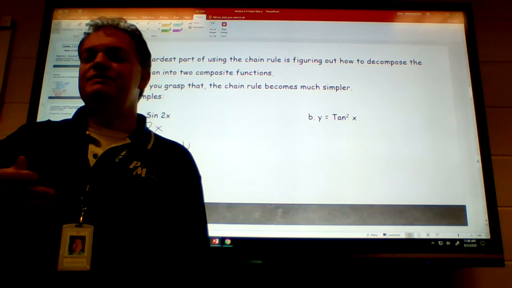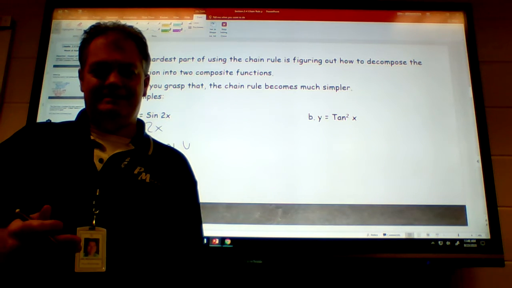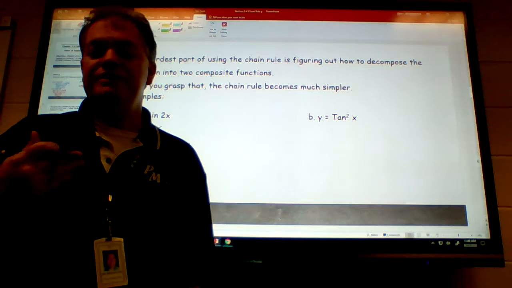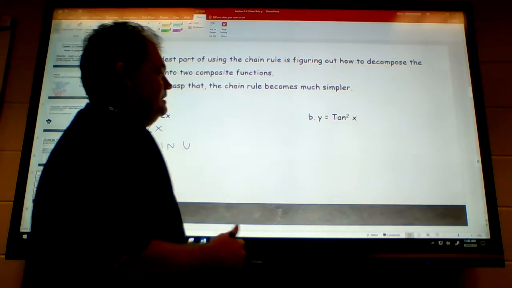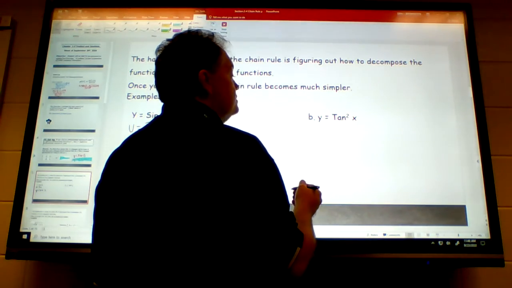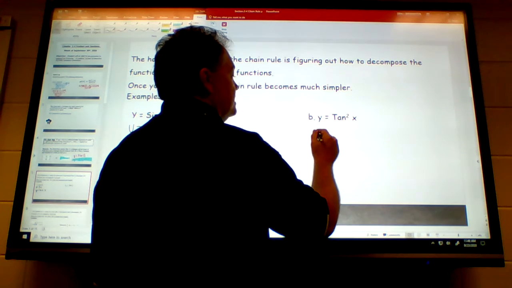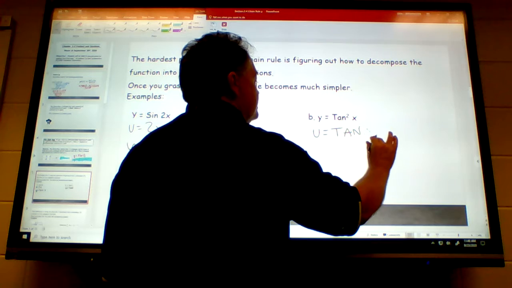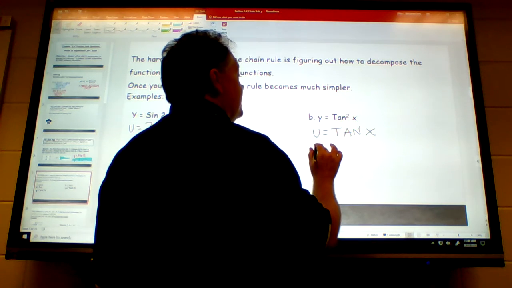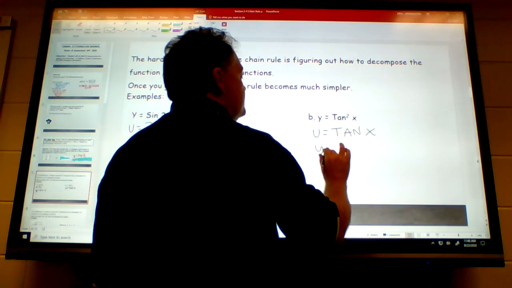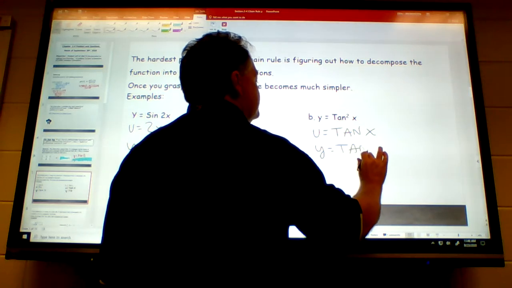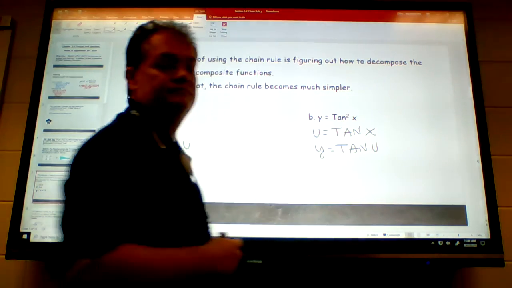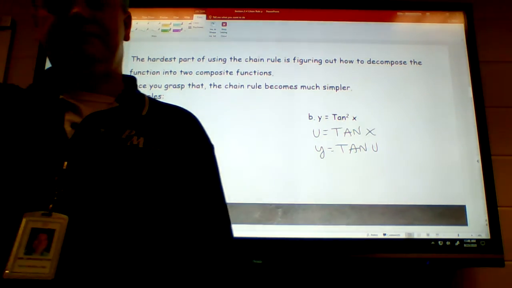You may not think there's a need for it at the moment, but in just a moment, you're going to see what I'm talking about. Now, y equals tangent squared of x. Well, if I set u equal to tangent of x, then that means y equals u squared.